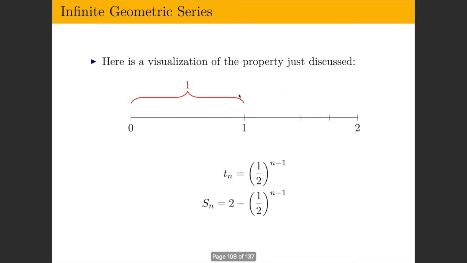And what you notice going from this part to the next, let's just observe what's happening here. Originally, we have a distance of 1 from 2. Then after we add a second term, we're a distance of a half away from 2. Then we're a distance of a quarter away from 2.